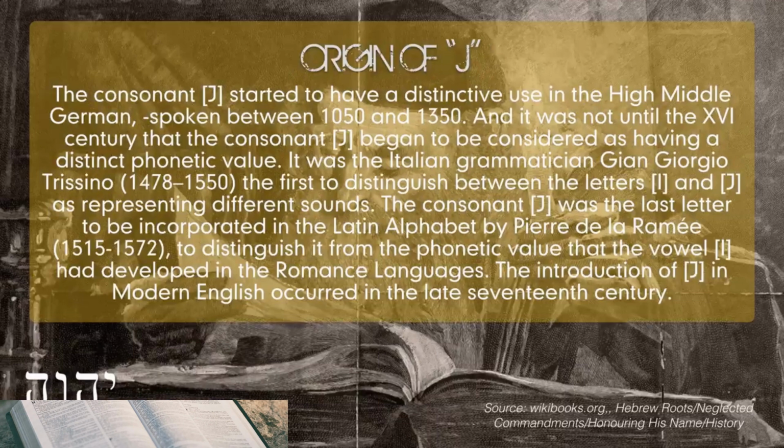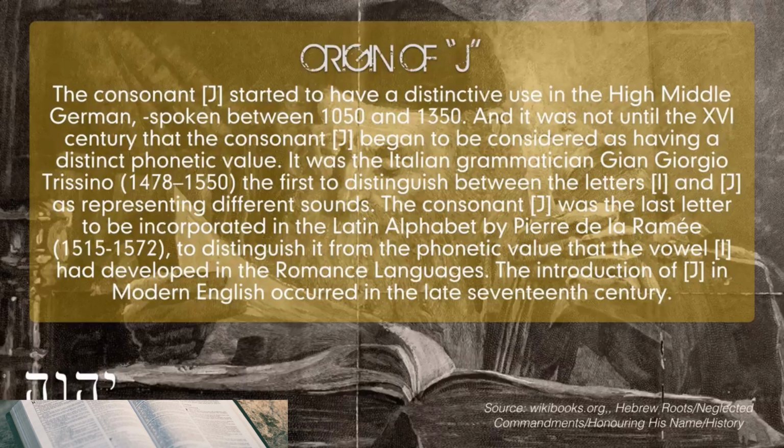The consonant J started to have a distinctive use in the High Middle German spoken between 1050 and 1350 AD. And it was not until the 16th century that the consonant J began to be considered as having a distinct phonetic value. So the 1500s, you know, the era in which the Jesuit Order or Society of Jesus was founded by a Kabbalist Marrano Jew, Ignatius Loyola.